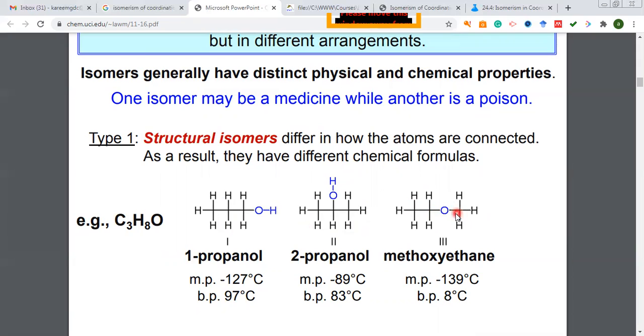So again, these two molecules have the same molecular formula but a difference in bond connectivity. That's why these are known as structural isomers. Structural isomers have the same molecular formula but a difference in bond connectivity, and due to that they exhibit different physical and chemical properties. We have already studied this last year.